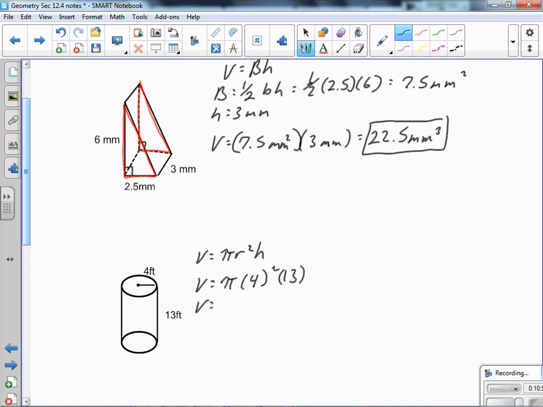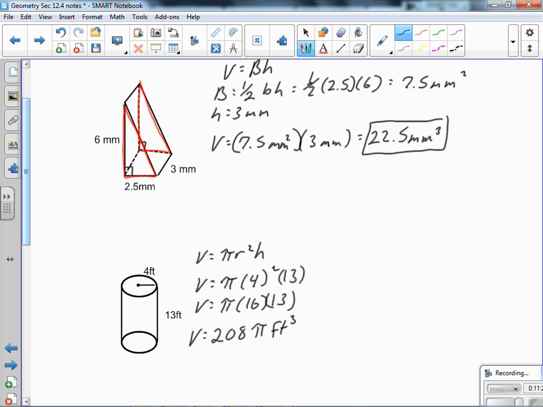So our volume is going to equal pi times 16 times 13. If we multiply 16 times 13, that's going to give us a volume of 208 pi feet cubed, which is in terms of pi.